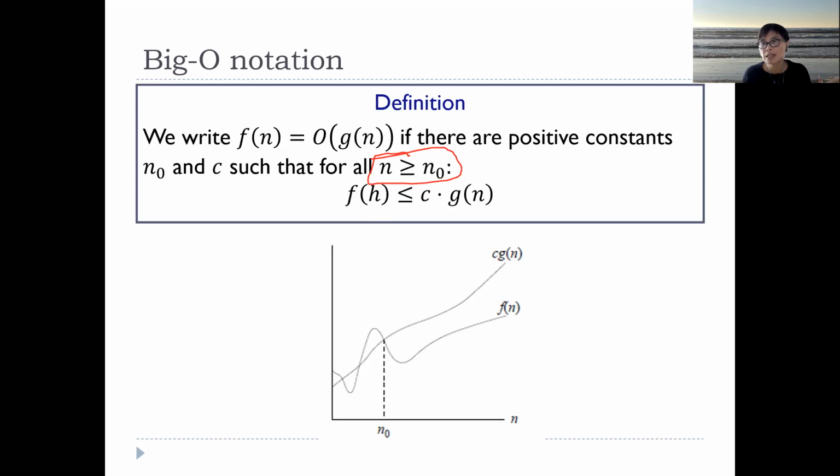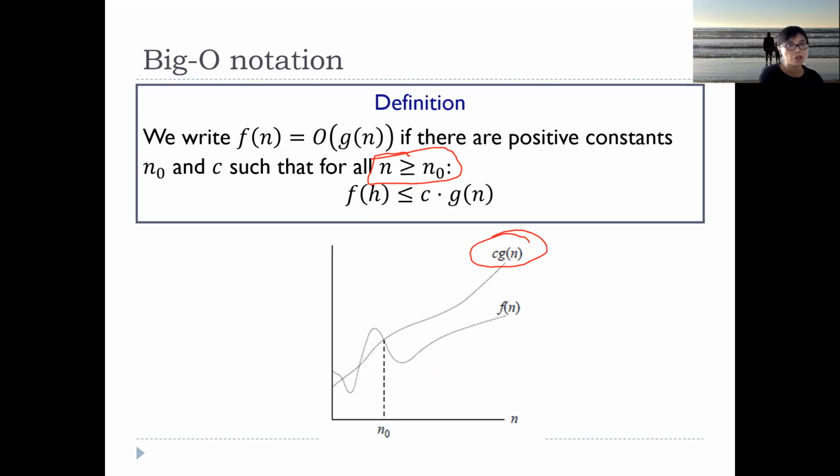We want to see how fast your time complexity grows for large data sets, as n grows bigger and bigger. When n is small, the two functions may not have a clear relation, but as n becomes larger, we see that g of n is always higher than f of n, up to a constant, basically.